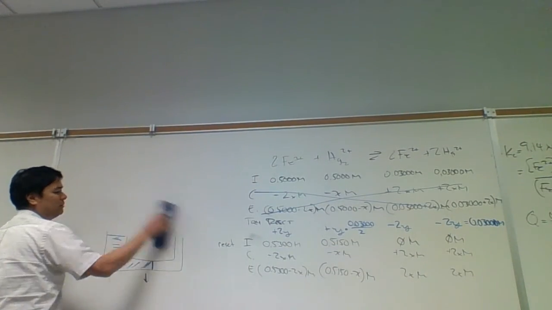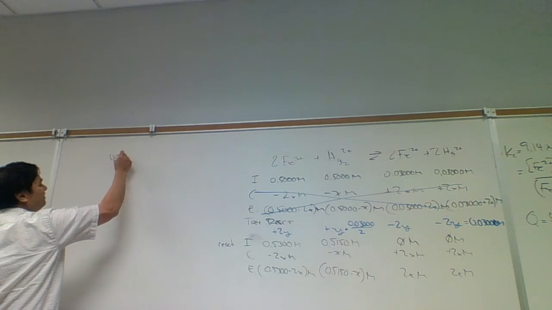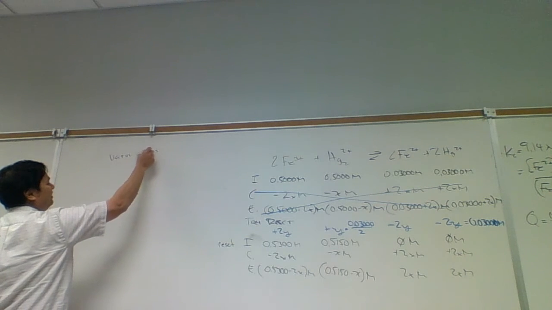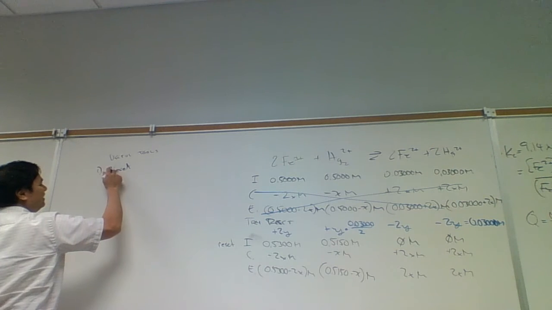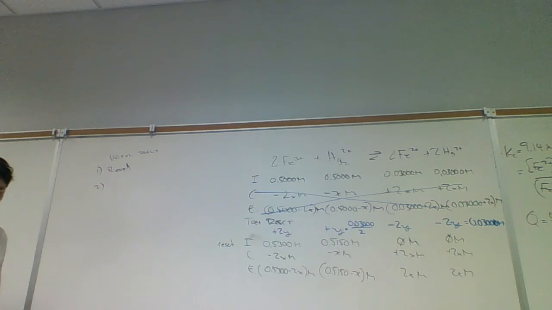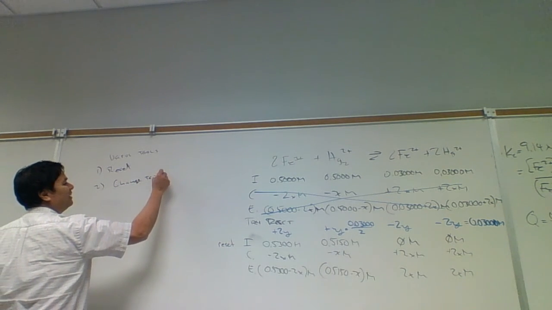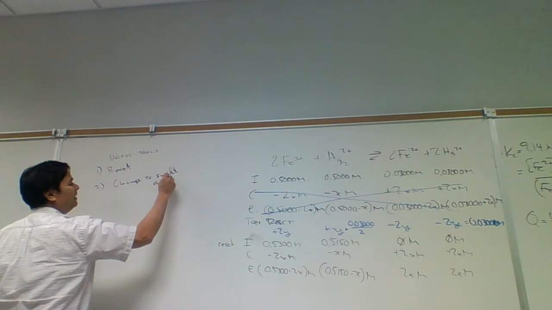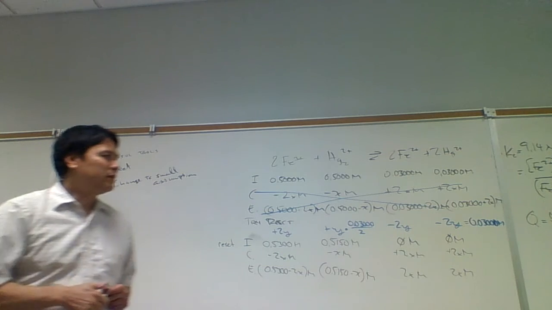So this one's called reset. And so useful tools to have is reset. And 2, we're going to make an assumption here that the change is small assumption. Take a look at this ratio.